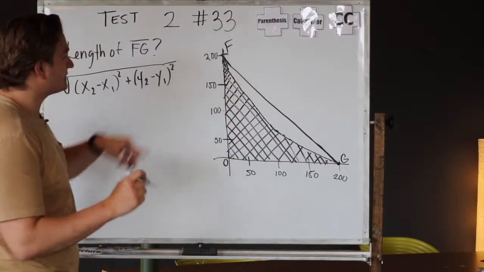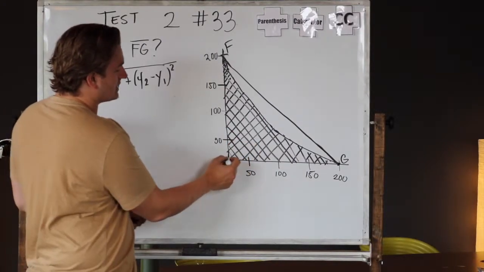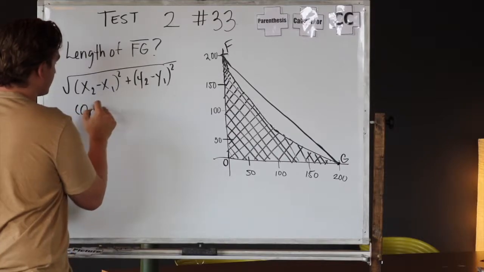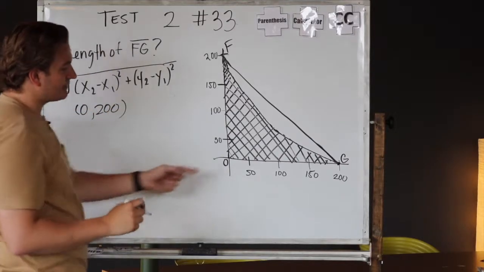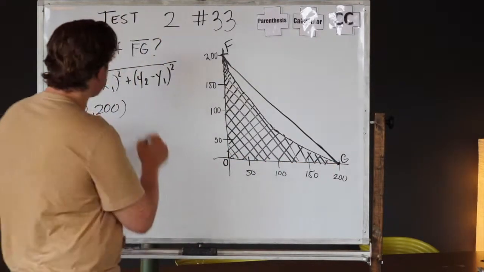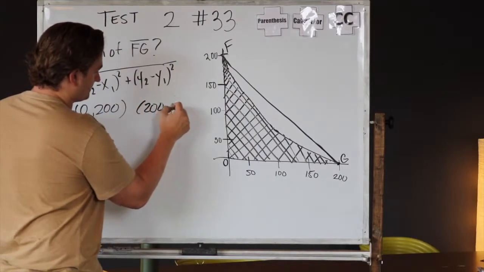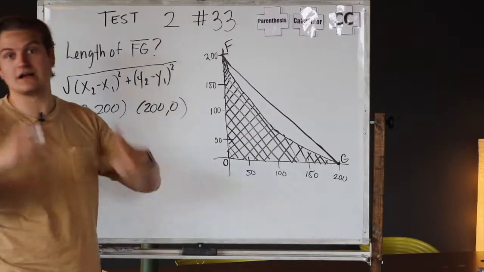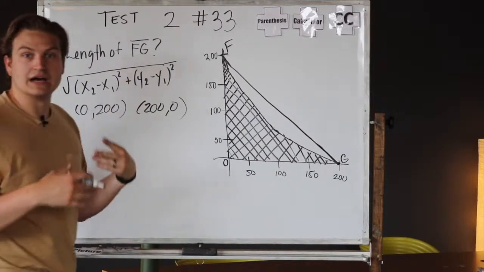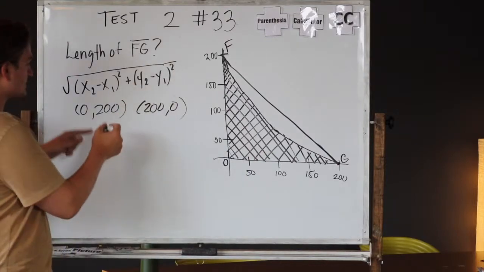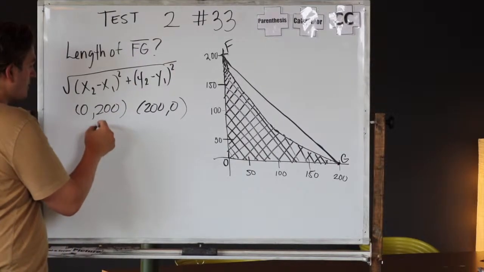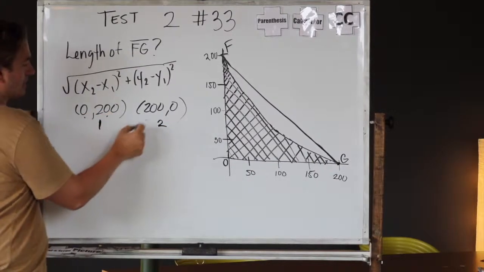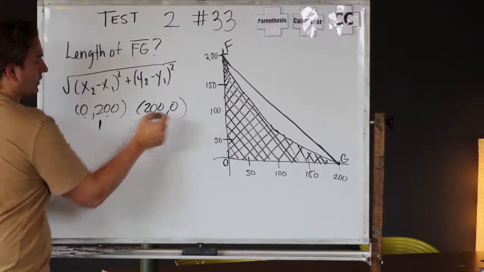You see that the line FG is actually the distance between 0, 200. So our first point is 0, 200. And our second point is 200, 0. So we want to find the distance between these 2 points. We can use the distance formula on our calculators. We're just going to substitute this into the formula. So let's call this point number 1 and this point number 2. So this is x1, y1, and x2, y2.